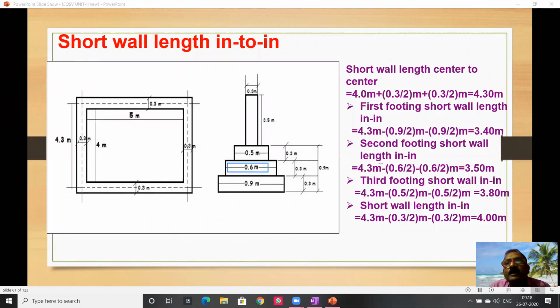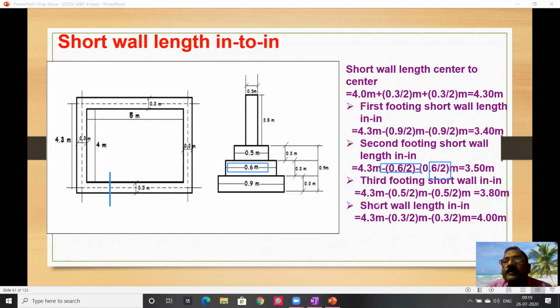So 0.6 by 2 meters and 0.6 by 2 meters, 2 times. If values vary, you have to deduct that much. So this transverse direction foundation, this direction, width of second footing. So this is 4.3 minus 0.6 by 2, 0.6 by 2, you got 3.5 meters.